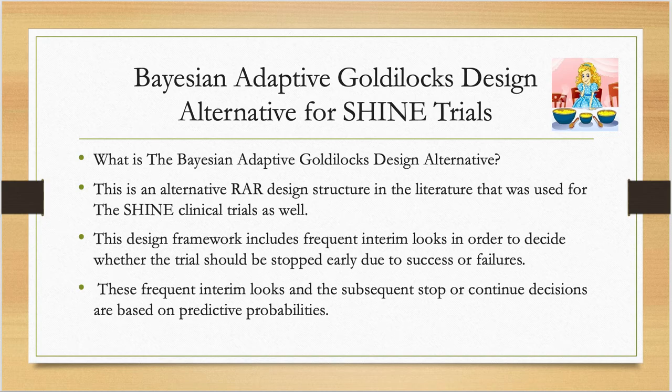So the SHINE trials, they had to have an alternative design, and they chose this Bayesian Adaptive Goldilocks design, which is another form of responsive adaptive randomization.